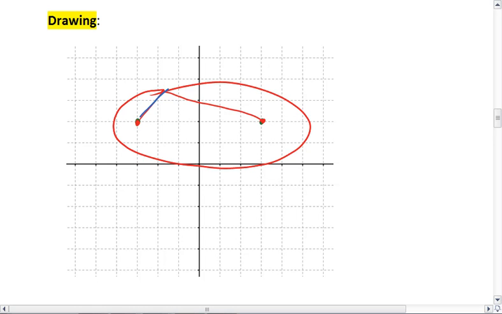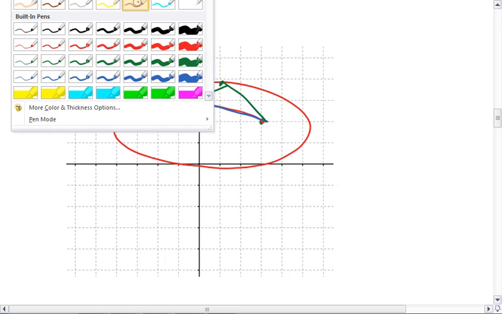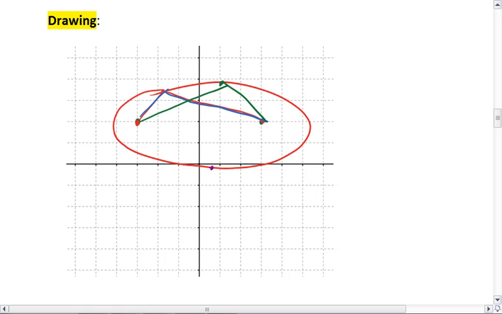Basically, the blue line here will be the exact same length as, say, the green line here, which would be the exact same length as the purple line here. And that's both parts of the purple line added together. That would be d1, d2.